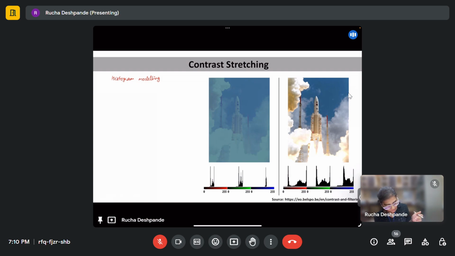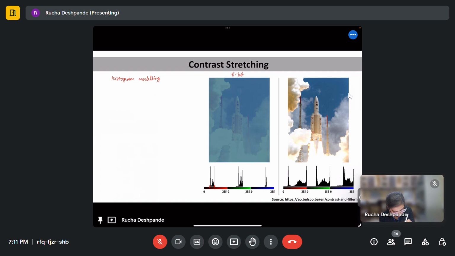For contrast stretching, we see that this is an RGB image, an 8-bit image. Here is the restricted range in which the DN values of red pixels are restricted.